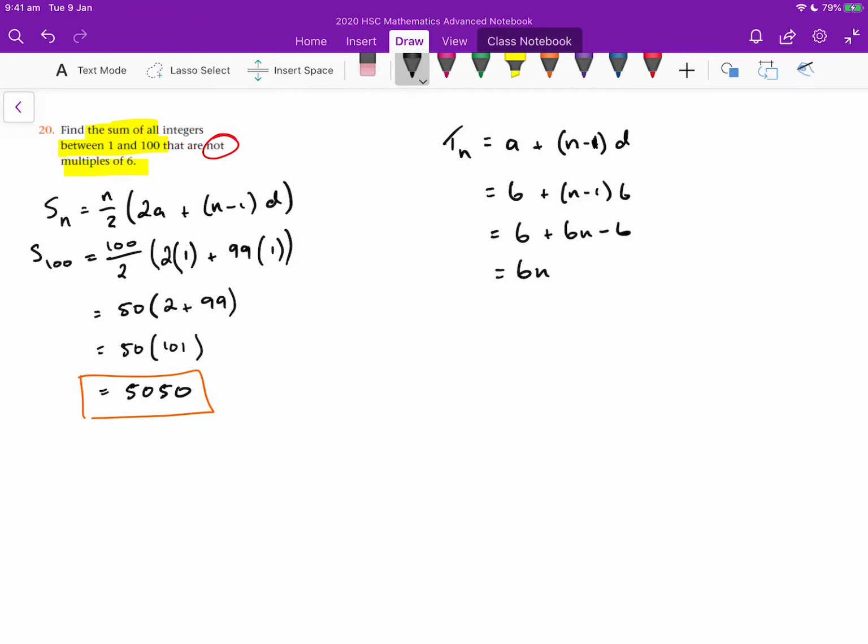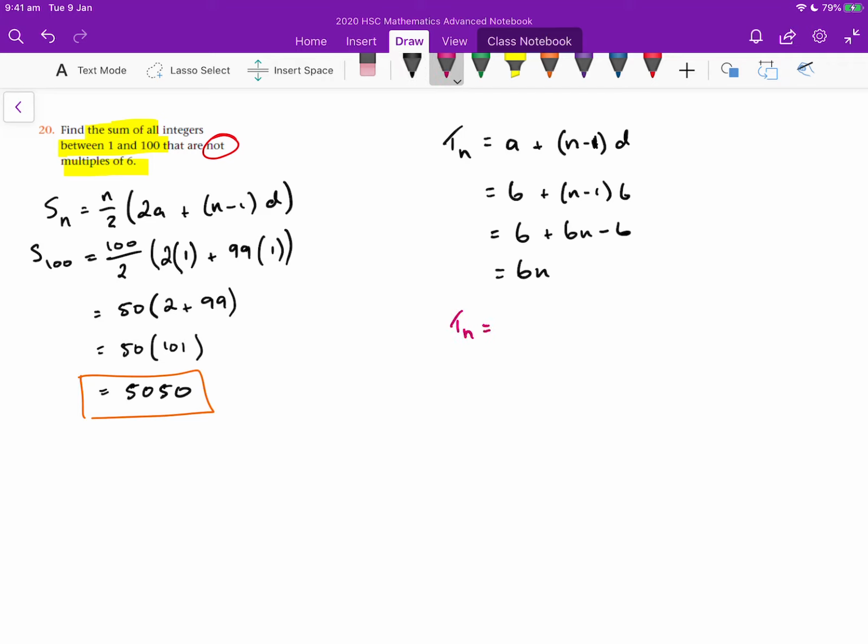A couple of things that we want to do. We want to get to however many terms will get us to above 100, the first term above 100, and then we can use that to determine what the next number down is, because that will be the last one before 100, which is the range of terms that we need. I'll do this in a different color just to keep this a little bit separate.